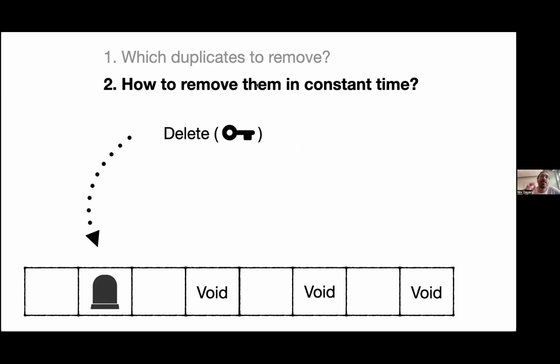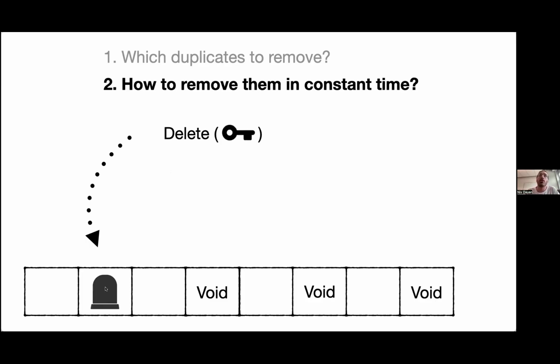Well, it's cheating, but it's not really cheating. To remove the entry in constant time, we hash the key that we're trying to remove, map it to a given slot, the slot that the key would actually correspond to, and just replace the void entry in that slot by a special character string that we call a tombstone.